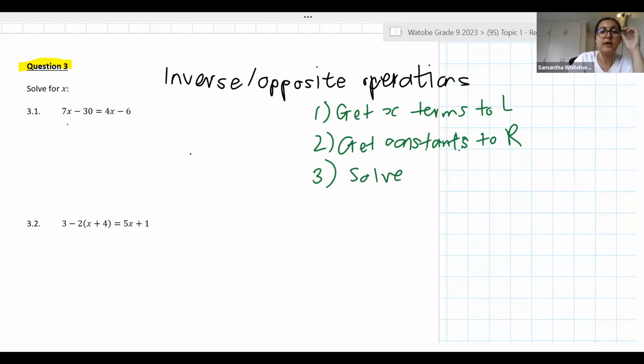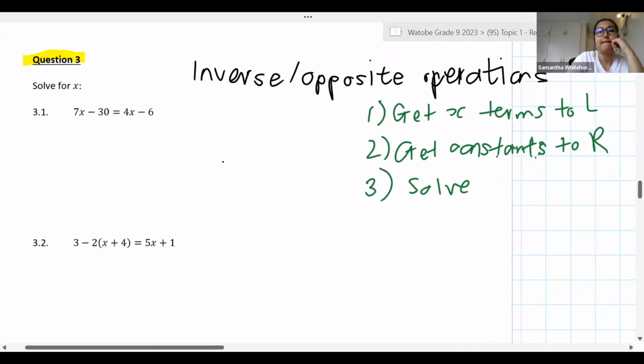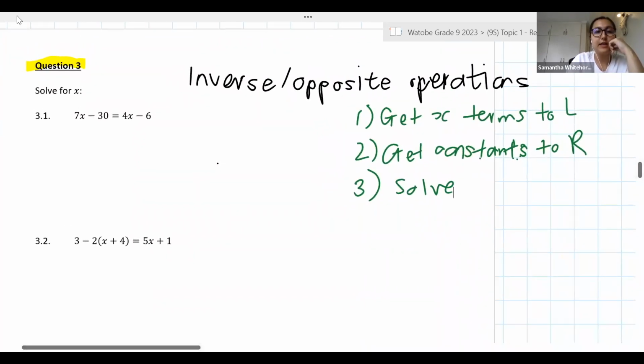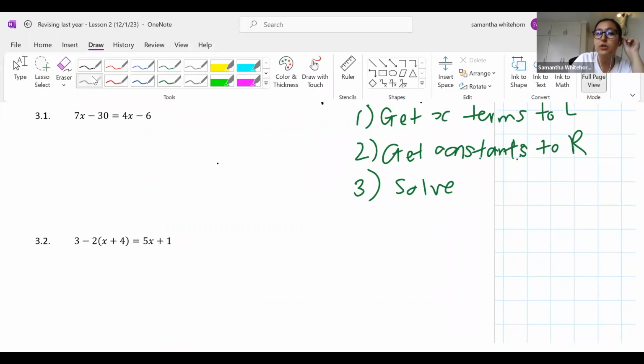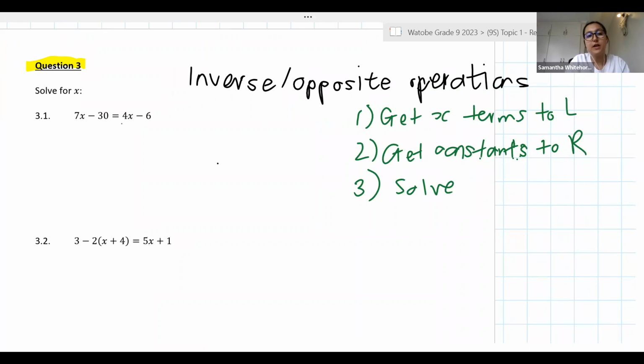If we have a look at our very first equation, I've got 7x minus 30 is equal to 4x minus 6. I want to solve the equation. The first thing I want to do is get this 4x term to the left-hand side, because that means I'm going to get my x terms to the left.